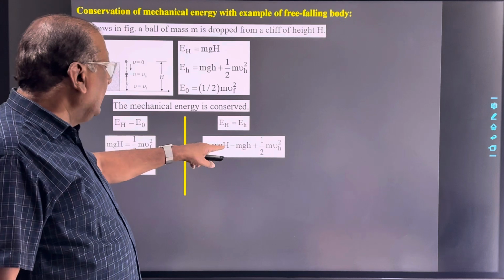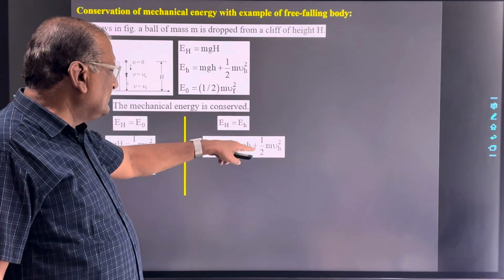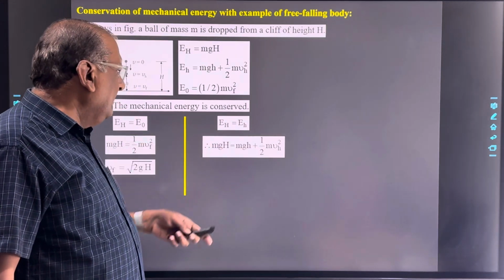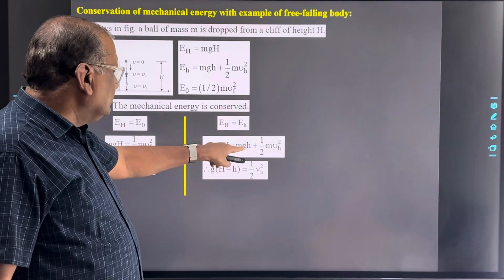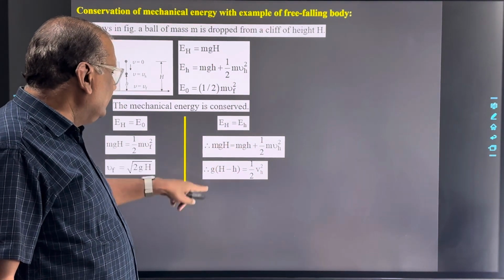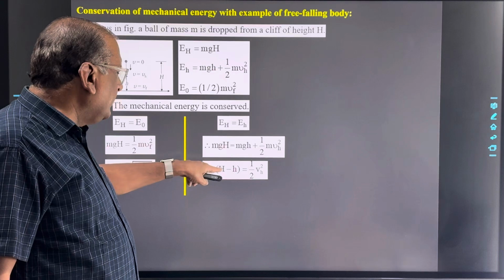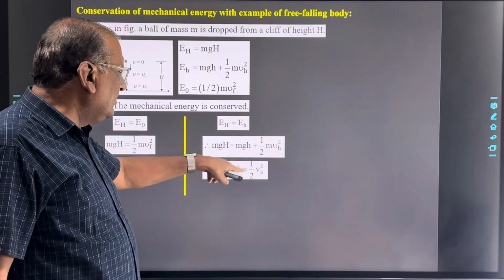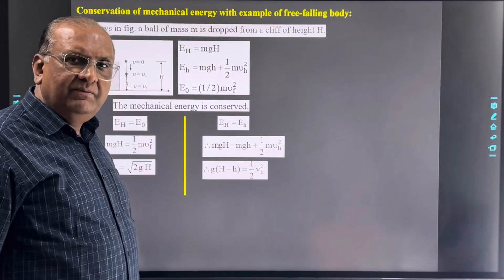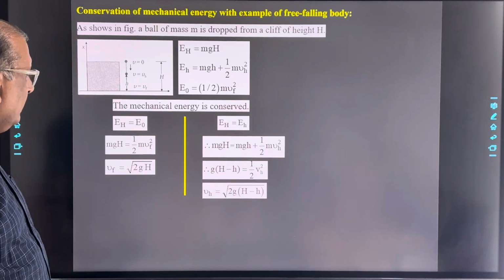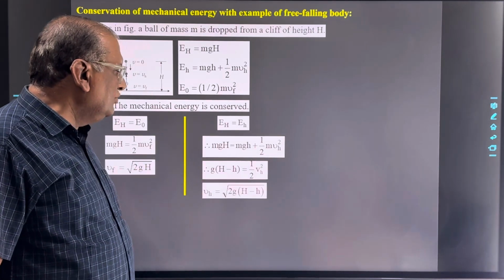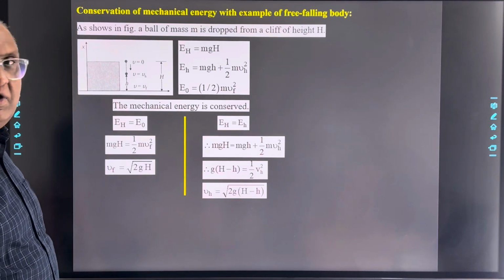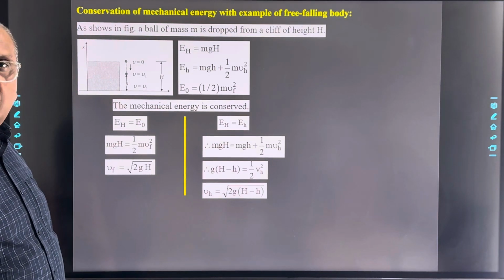So mgH equals mgh plus half m vh square, m will be cancelled from both sides. Take the first term on the left hand side, so g into (H minus h) equals half vh square. Make vh the subject, so vh equals under root 2g into (H minus h). Clear to all of you?